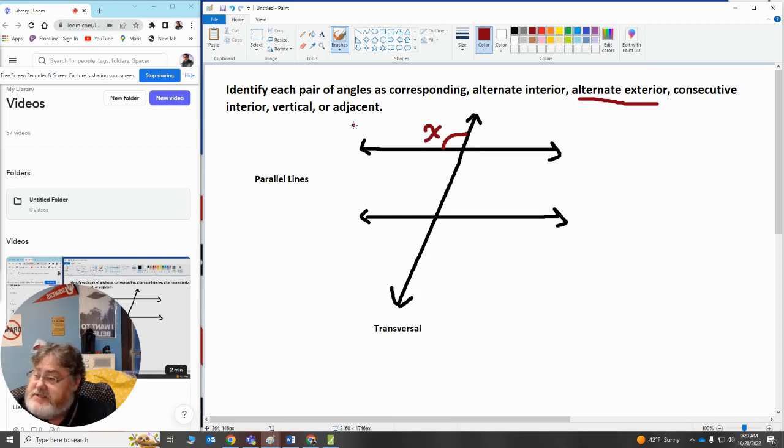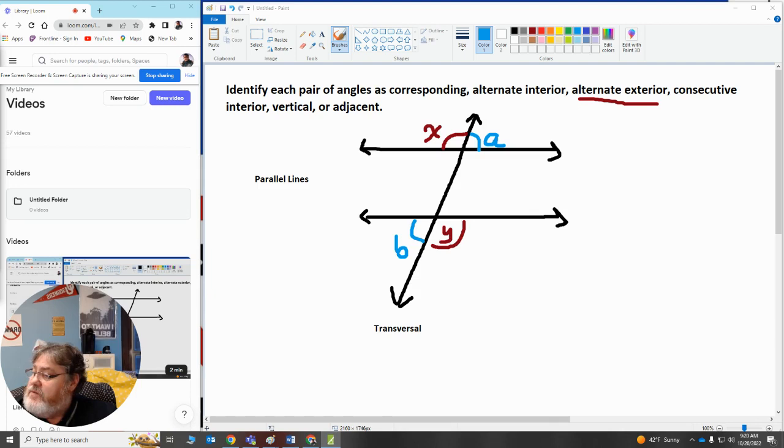Its alternate exterior would be angle Y. It would be located over here. And the same is true if angle A, where's its alternate exterior? Well, angle B would be at the lower left. And that's alternate exterior angles, okay?